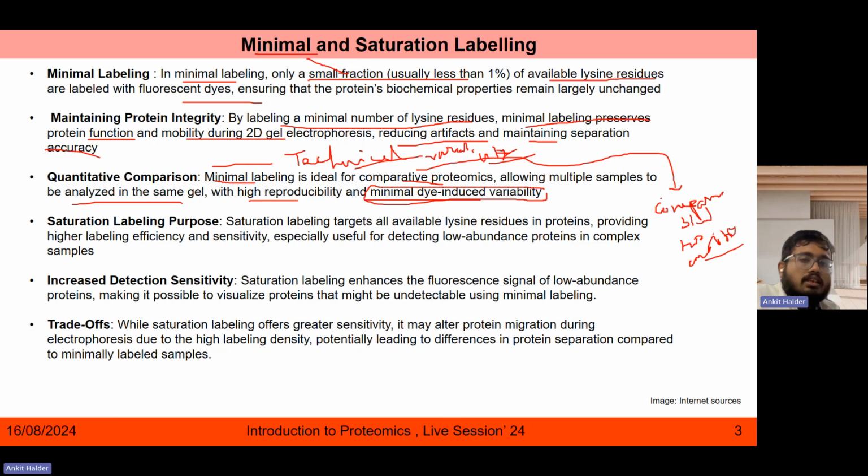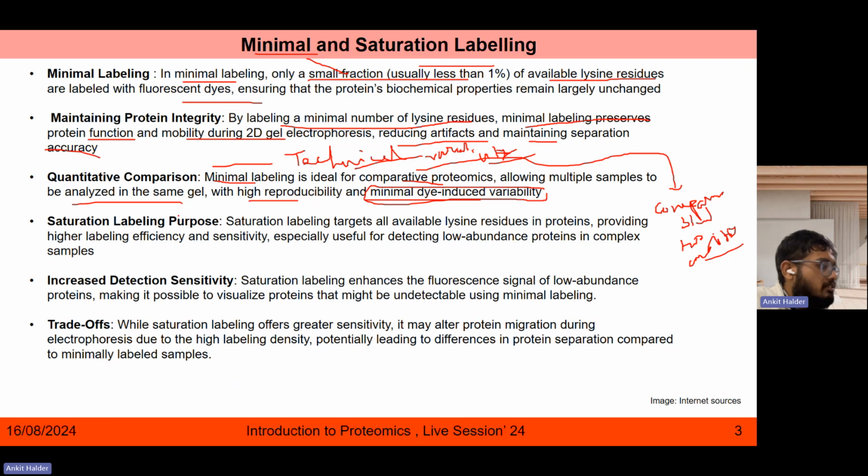So minimal labeling is used for comparative proteomics, and that allows you to analyze multiple samples in the gel with minimal dye-induced variability, and only less than 1% of the available lysine residues are labeled.